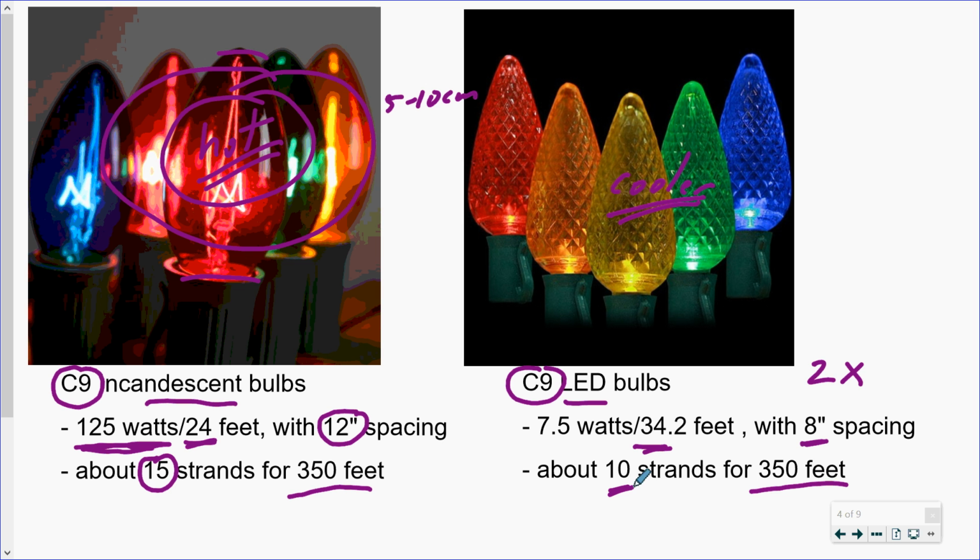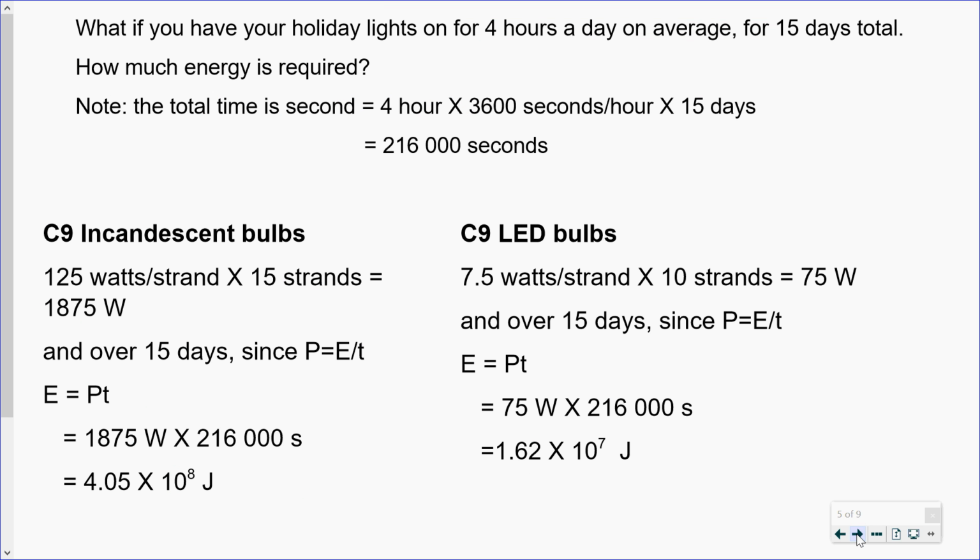We would need 10 strands to get our 350 feet, and for the 34 feet, this only requires 7.5 watts to run those light bulbs. Again, it's 125 watts to run the 24 lights on the 24 feet of the incandescent.